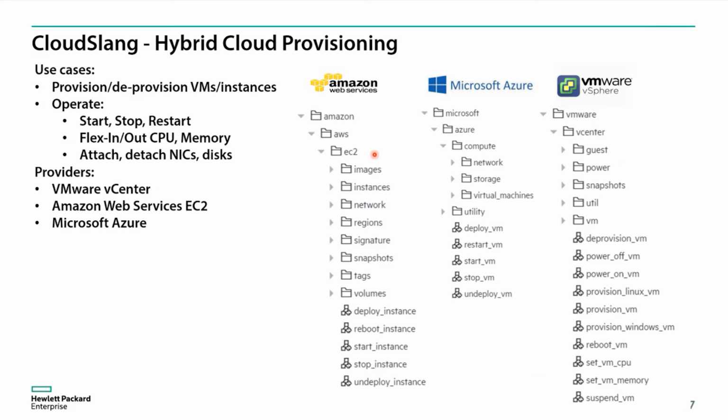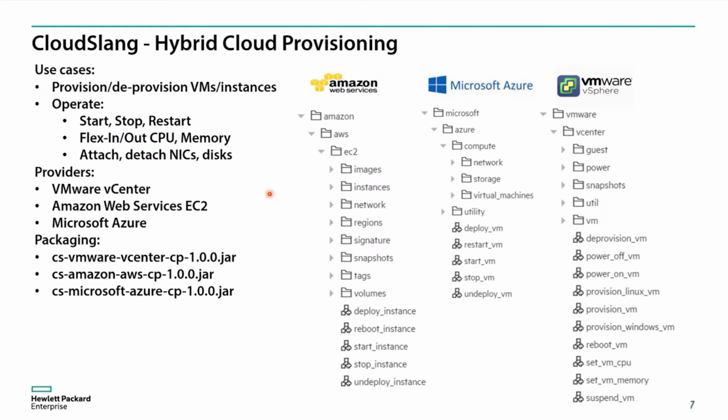From the UI, we try to cover in the API where it made sense to be covered. So this is about the hybrid cloud provisioning. Packaging is similar. The versions here. Now I'm just seeing, I forgot to update this. I apologize for that.